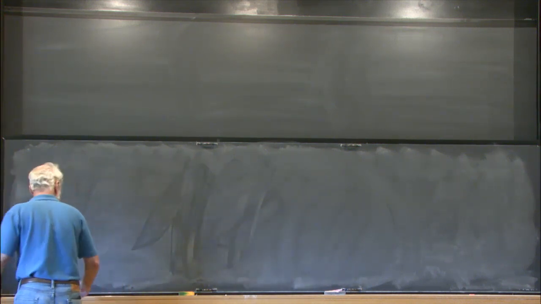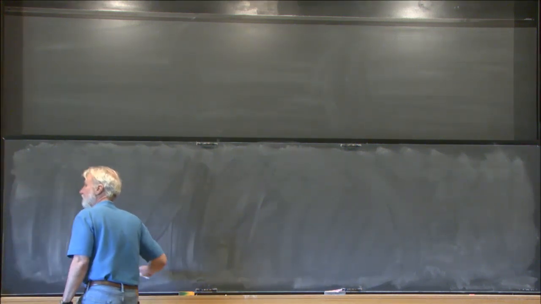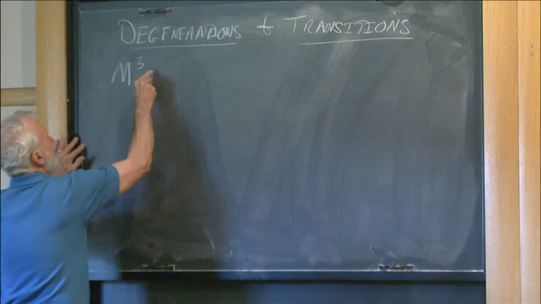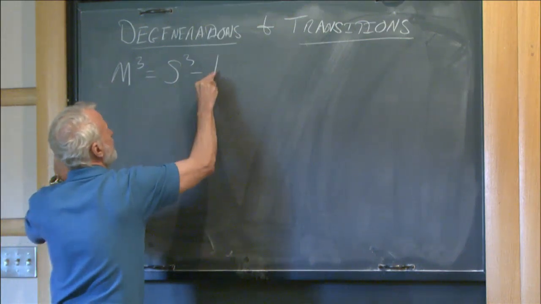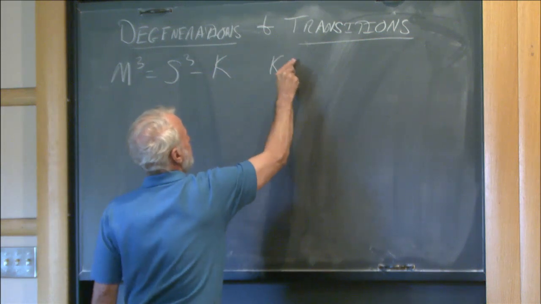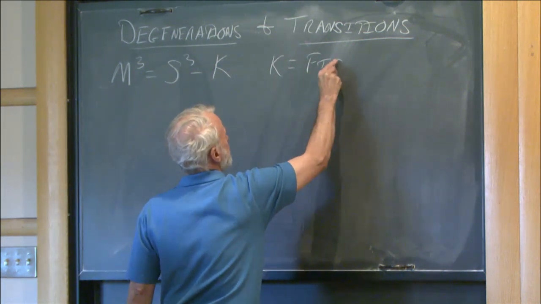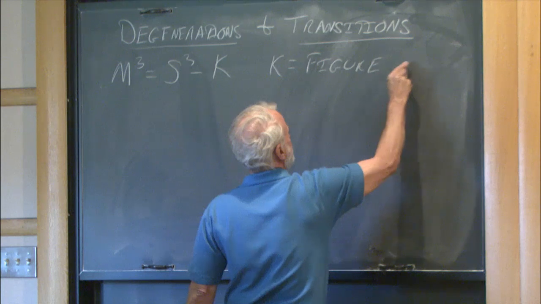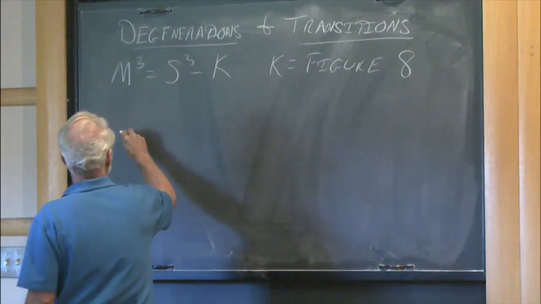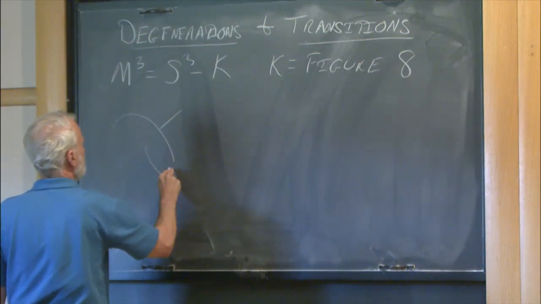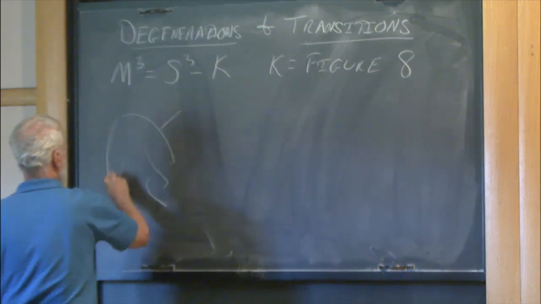I think one can't really talk about this without starting at a canonical starting point. In particular, I'm going to let M3 be the 3-sphere minus the figure-8 knot. So again, a standard picture here.